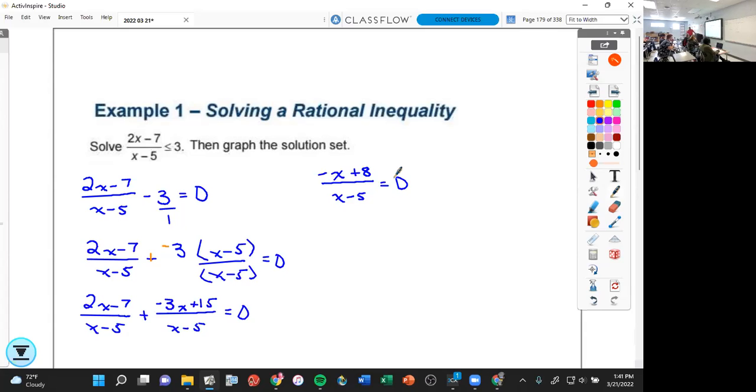My key numbers come from x values that make the numerator 0 and x values that make the denominator 0. So what are my key numbers? 8 and 5.